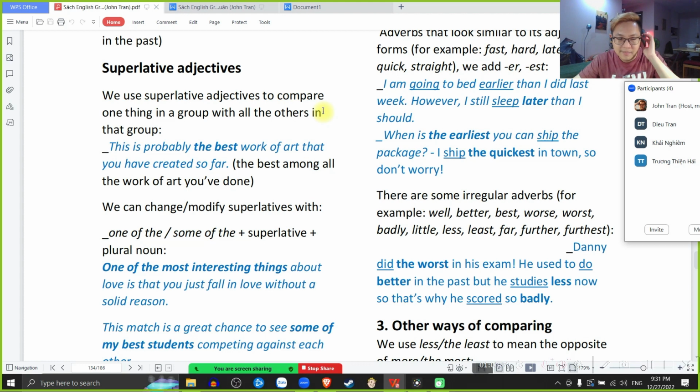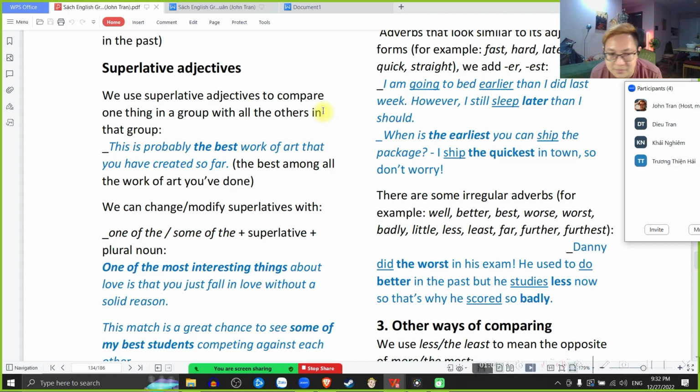One of the most interesting things about love is that... It usually pauses after the noun. One of the most interesting things about love is that you just fall in love without a solid reason.